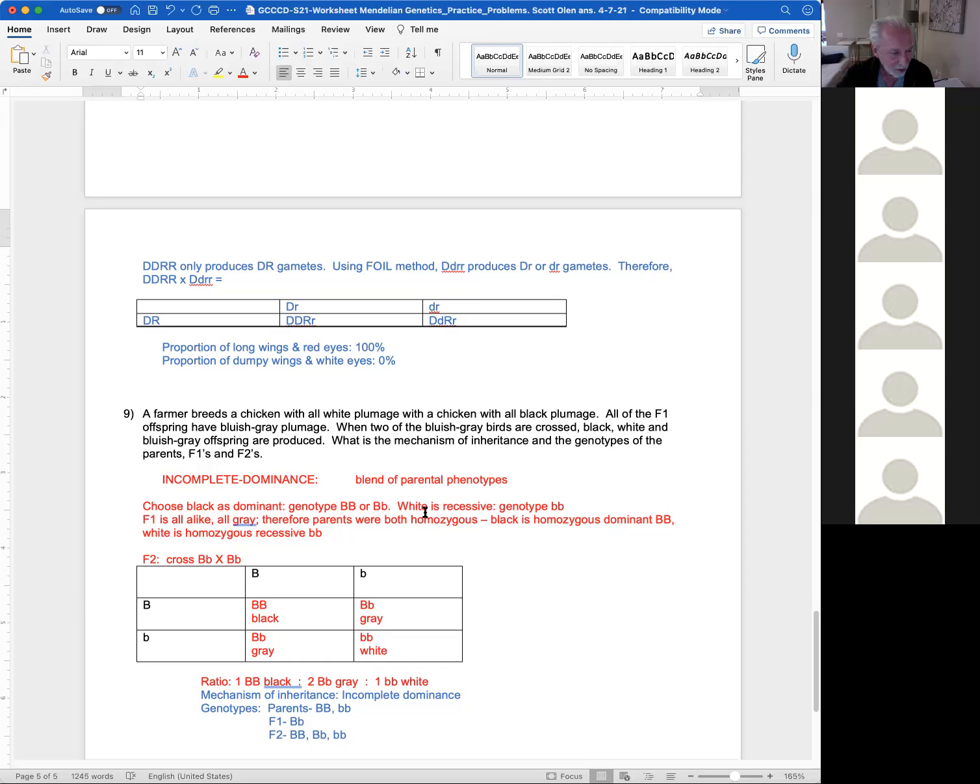And so if we go to the F2, where we're crossing a big B, little b with a big B, little b, there's one big B, big B, two big B, little b's, and one little b, little b.